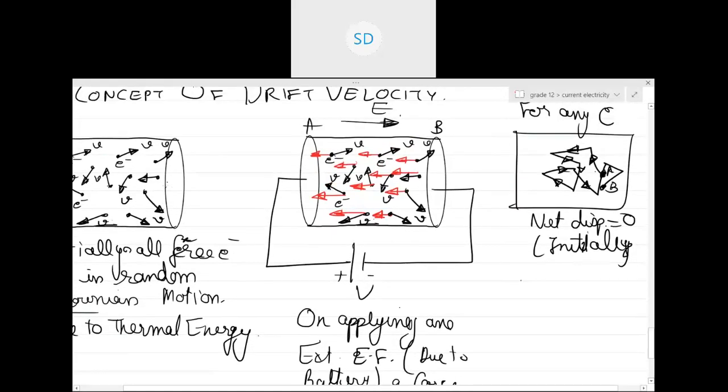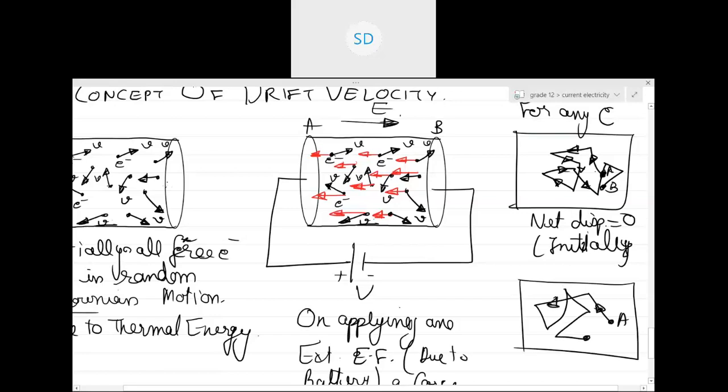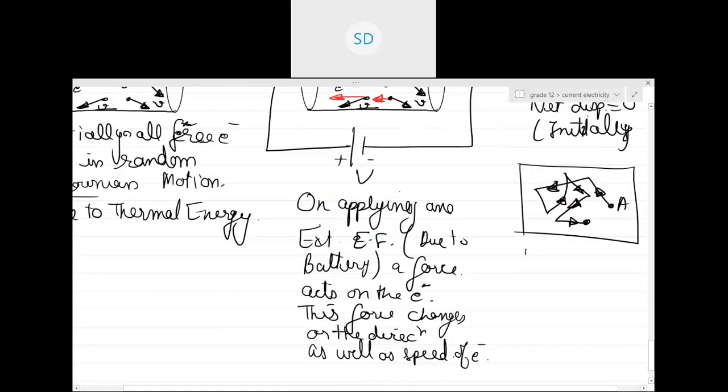Now finally, what will happen? When you apply an electric field around it, this electron moves like this. Sometimes the path will be curved because the force is acting now. What is the only difference between this case and the previous case? Here the displacement is zero, here it's not. The overall displacement is towards this direction.